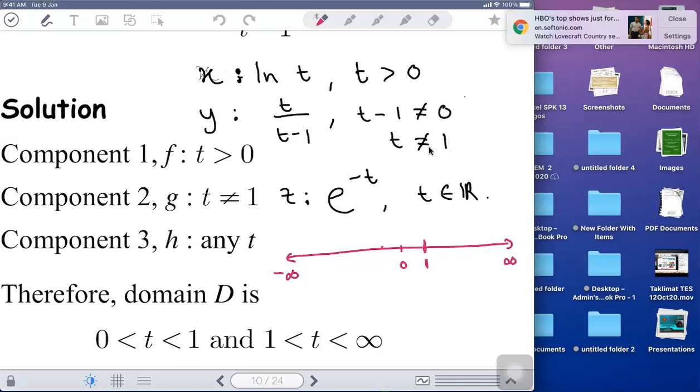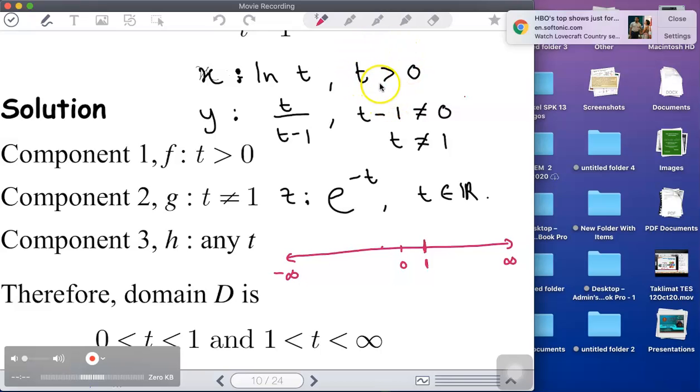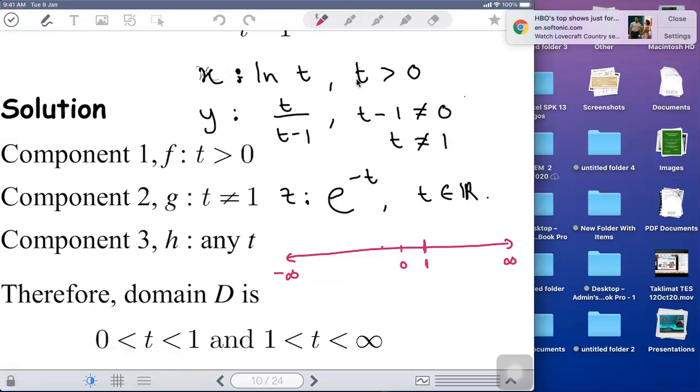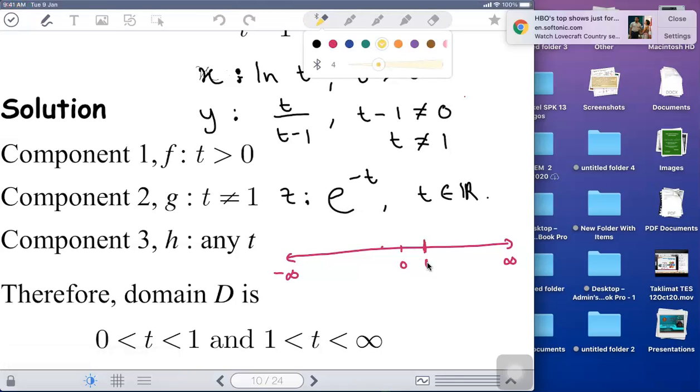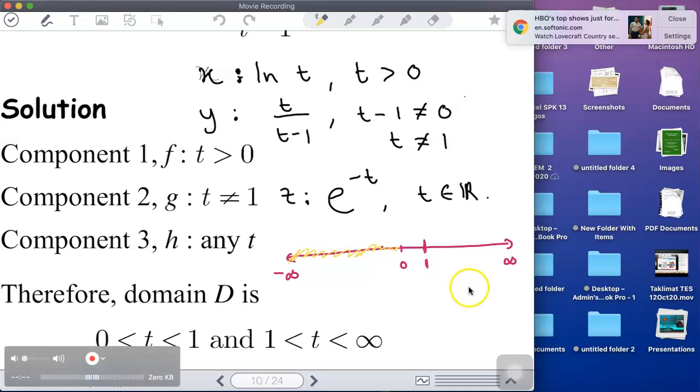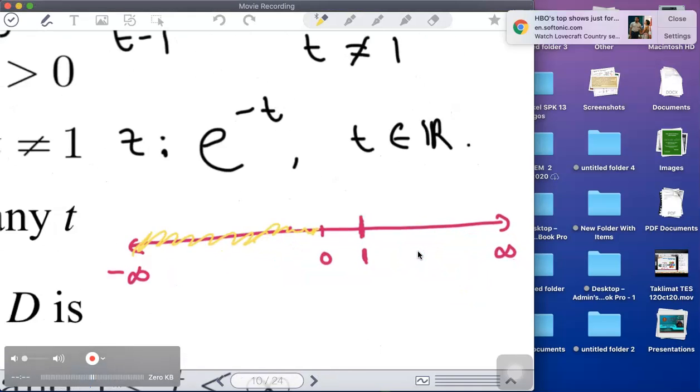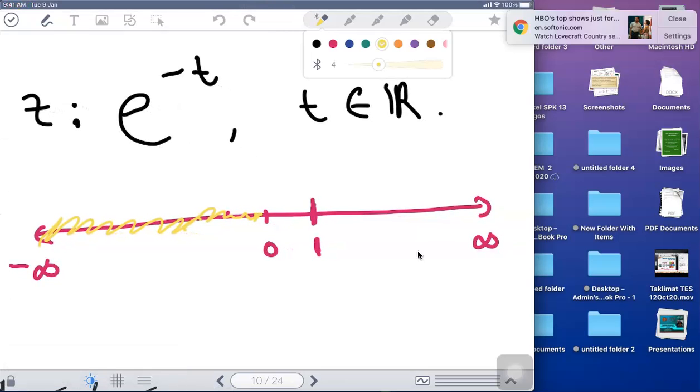Because you cannot have t equal to 1. But from this one, t is always positive, so this one is 0, but t cannot be equal to 1, meaning that you can cut this part. Okay, we don't want this. So the possible interval, we just focus here. The possible interval always lies in this interval and also in this interval.